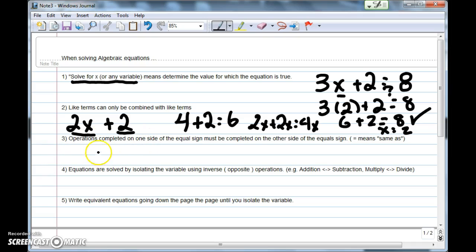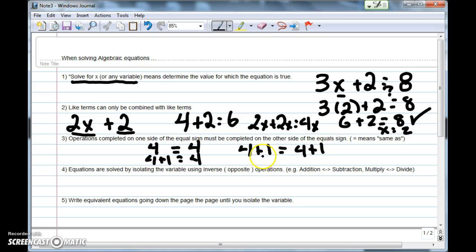Next thing we need to keep in mind: operations completed on one side of the equal sign must be completed on the other side of the equal sign. Otherwise, they're not the same as. So if we think about that in a simple form, if we had 4 = 4, we would think it was ridiculous to say that 4 + 1 = 4. However, we could say that 4 + 1 = 4 + 1.